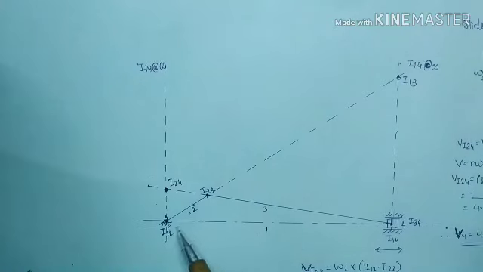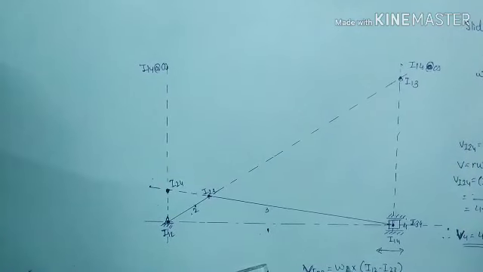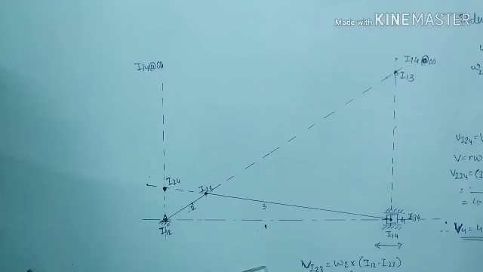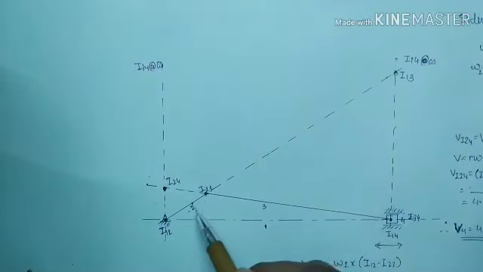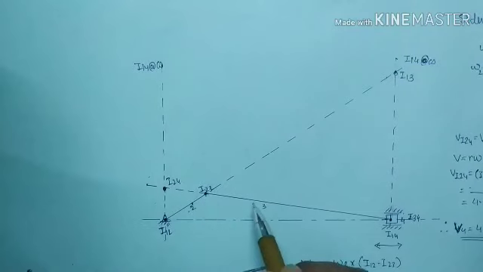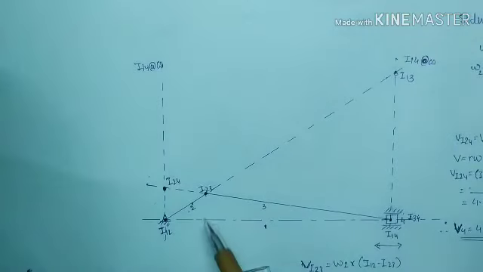I23 lies on both link 2 and link 3, so for link 2 it will become omega 2 into the distance I12 to I23.